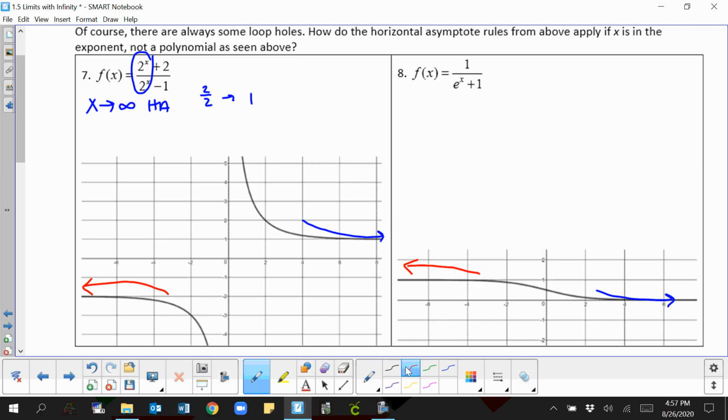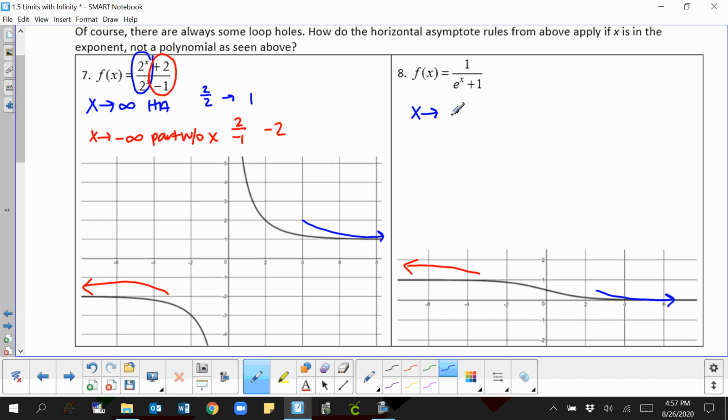And then when you're going to negative infinity, you're going to use the part without the x. So you're going to use this part right here. And so that one is 2 over negative 1, which gives us a negative 2, which is what we're going off to over here.